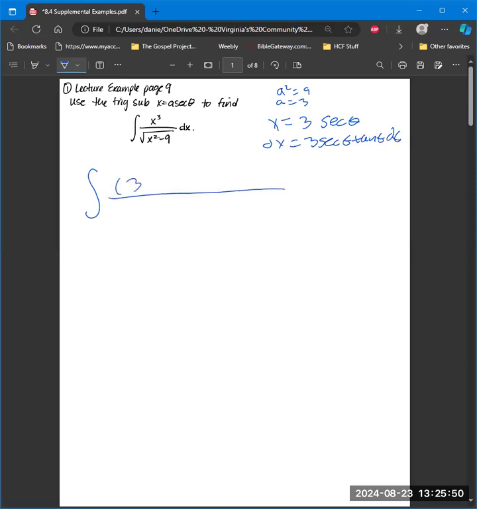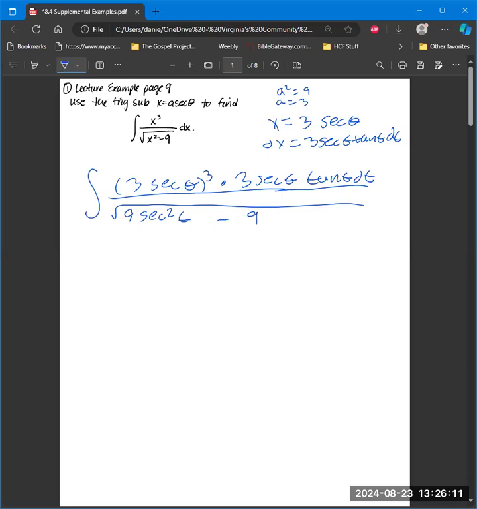So 3 secant of theta cubed times 3 secant theta tangent of theta d theta, over the square root of 3 secant theta quantity squared, which is 9 secant squared theta minus 9. 3 cubed is 27 secant cubed theta times 3 secant theta tan theta d theta over square root of 9.